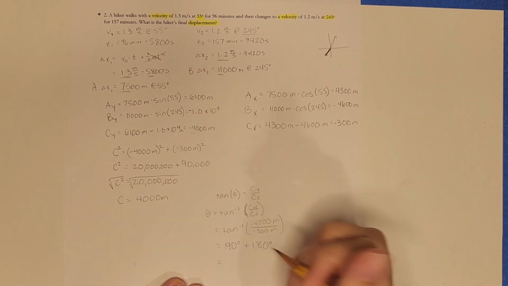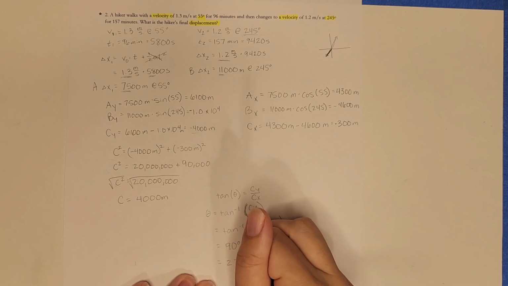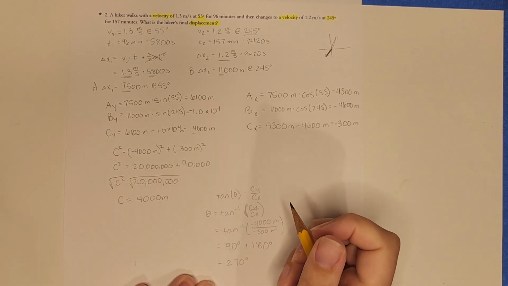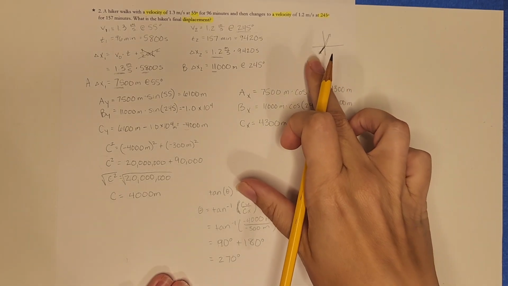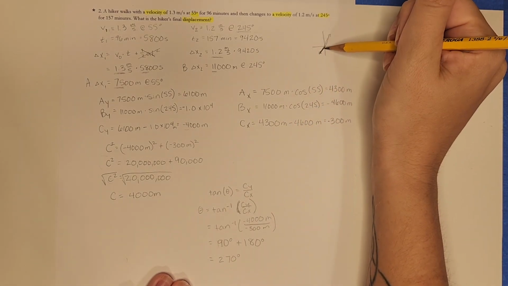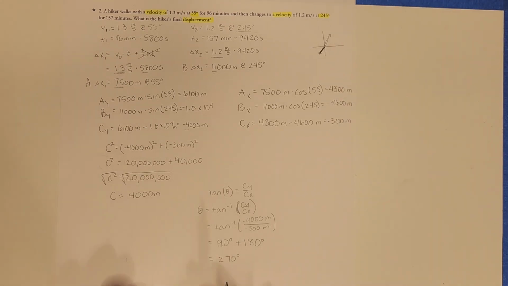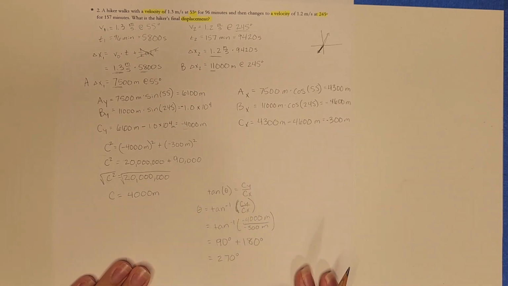So 90 plus 180, and they've gone 270 degrees. Okay, and I didn't draw this the best, right? That actually ended up down here, but still, this tells you what you should be doing.